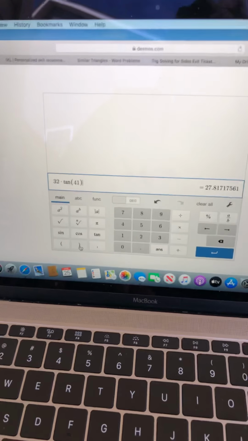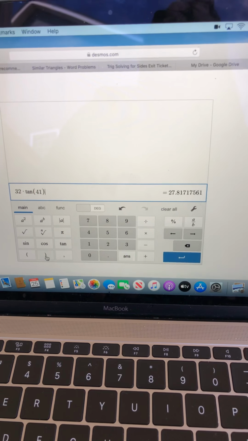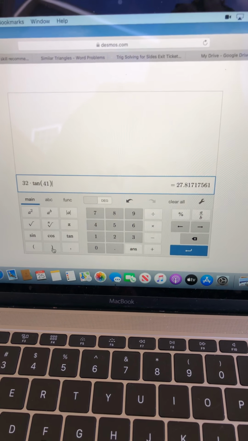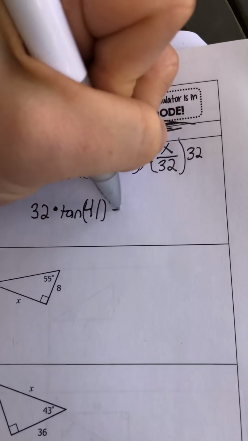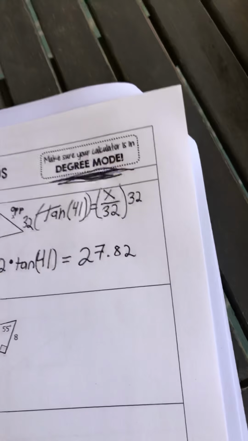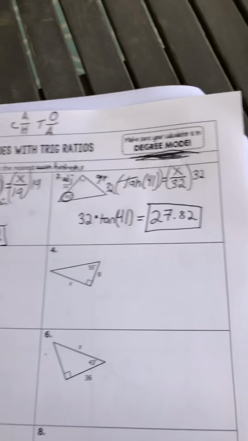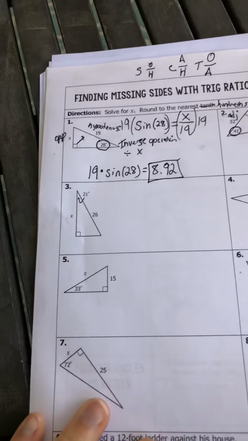Close. And it gives us our answer. We're looking at 27.8. Does that 1 stay or round up? It rounds up to 2. 27.82. And I'll box in that answer. Okay? So let's go to the next problem.